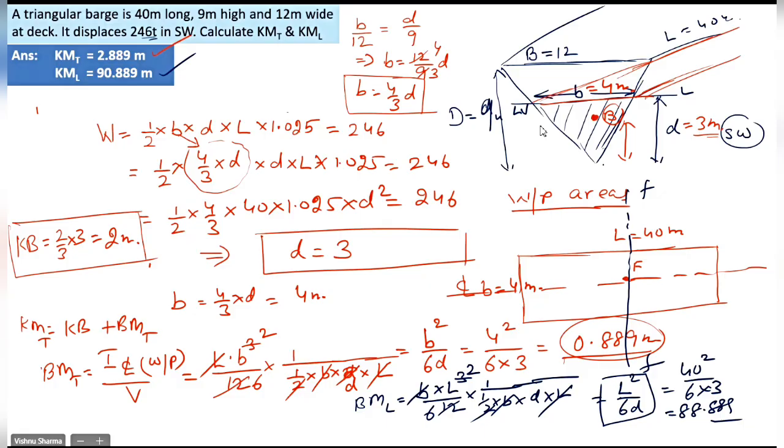Having identified the center of flotation, then you'll draw the needful axis, fore-and-aft for BMT and athwartship for BML. These are the steps involved, simple. Guys, any questions up to this point? Otherwise I'll go to the next one.